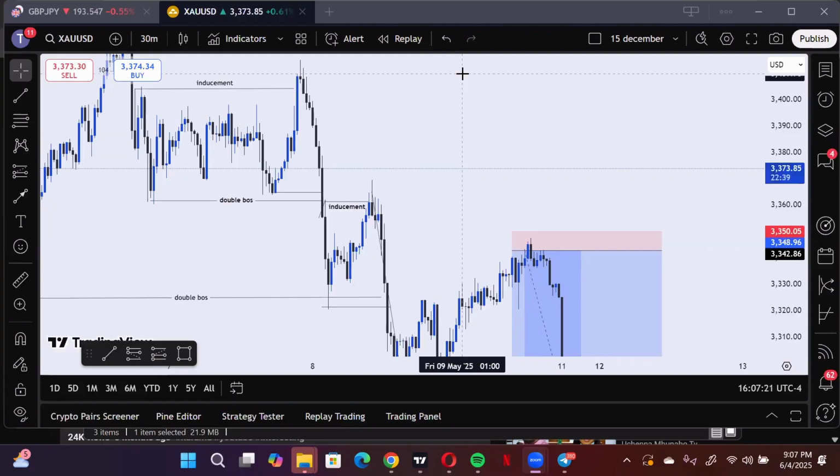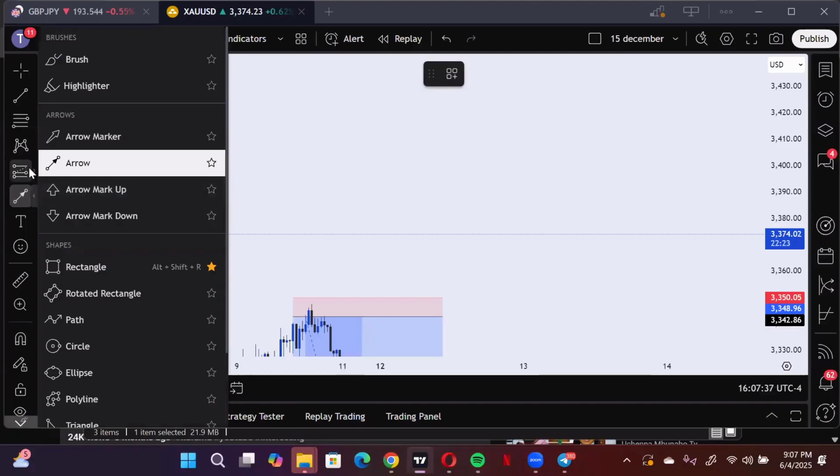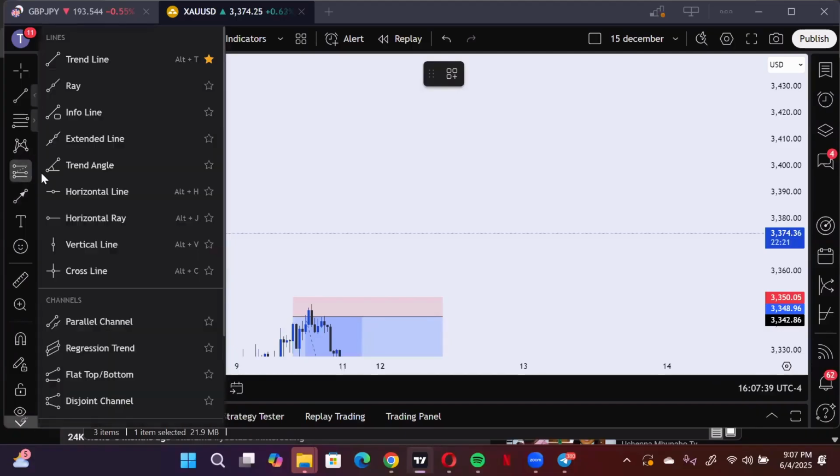For this particular class, I'm going to give a scenario for the order block. Like I said, it's a zone in the market where there are a lot of institutional orders. So if it's the bullish order block, this is how it looks.